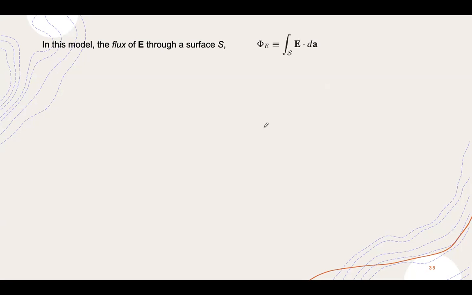So flux is defined with the notation phi e through a surface S, and it is the integral of E dot dA. dA is the infinitesimal area of the surface, with the dot product of the electric field. So this is called flux.